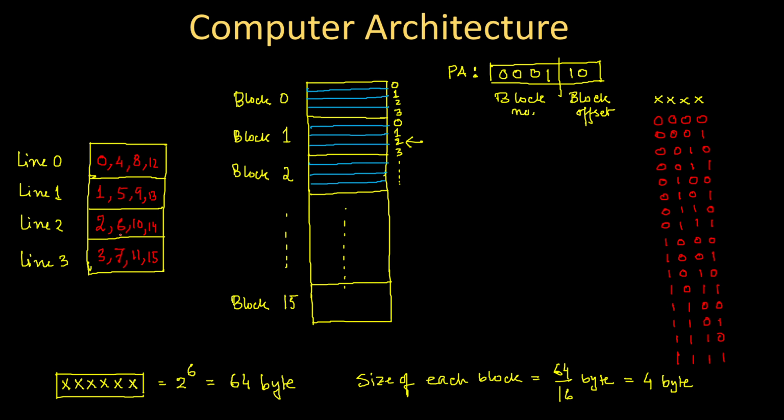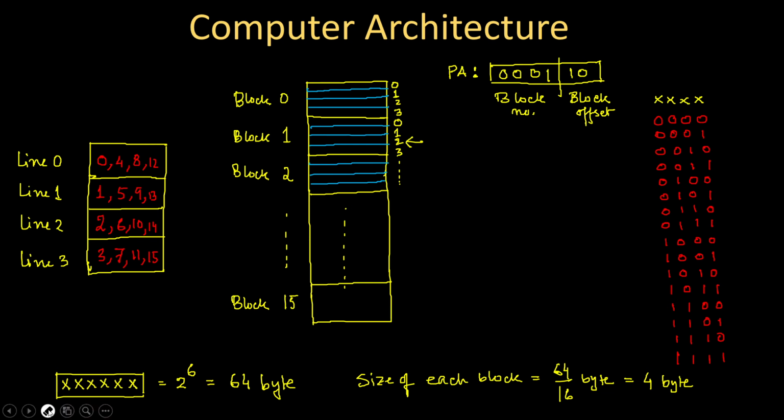If we want to make this clear with respect to block numbers, somehow I have to do this mapping, where I have some blocks in RAM and on the other side some cache lines in the cache. Let's draw in a different color.